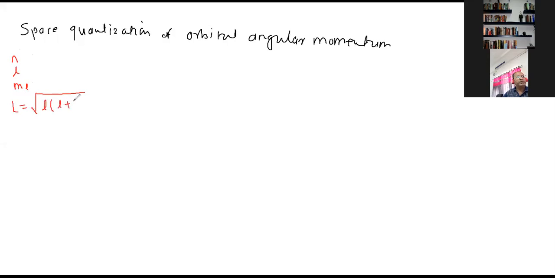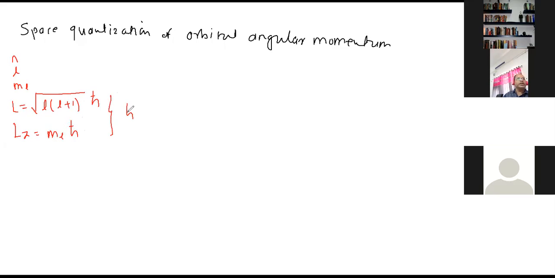Small l into l plus 1 h cross. Is it right? This is the value of L, and for LZ we have also written ML h cross, where you know that h cross is the normalized Planck constant having value h upon 2 pi. Is it right?